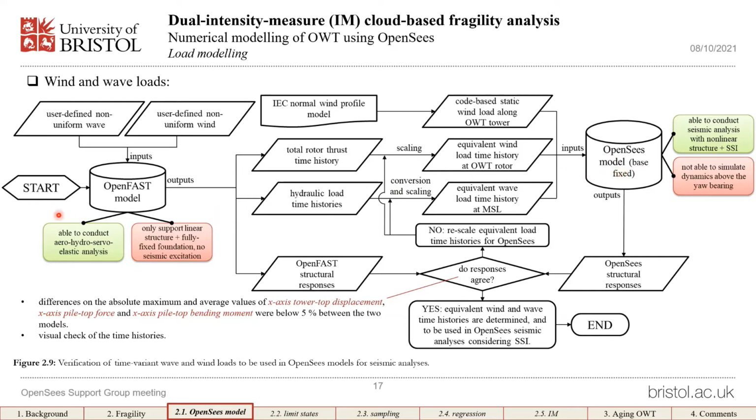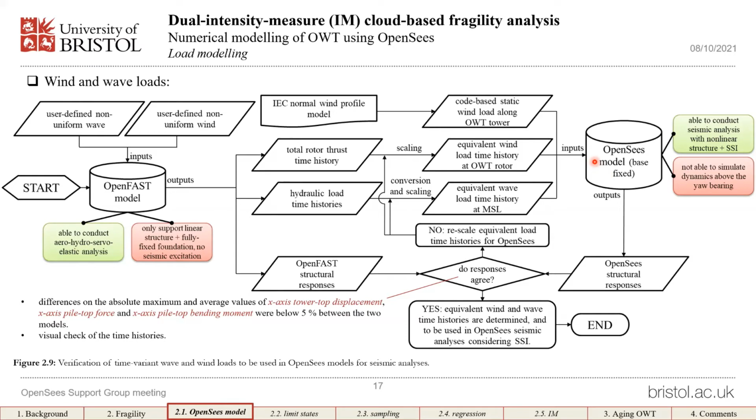From the beginning, the user-defined wind and wave loads were first analyzed in the OpenFAST software to obtain time histories of the total rotor thrust and hydraulic loads. These time histories were then scaled and adjusted to be used as inputs in OpenSees.